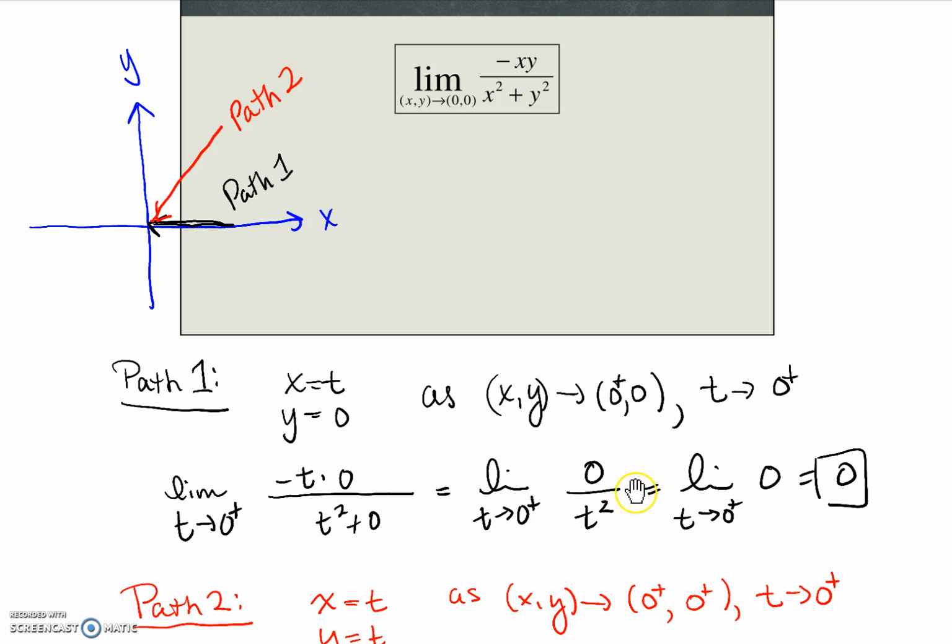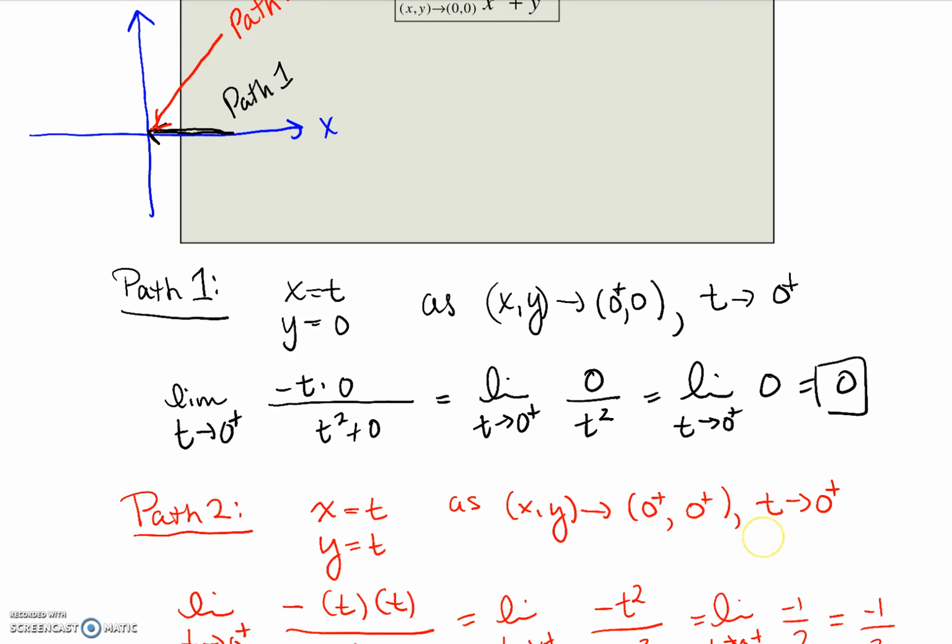But as I simplify 0 over t squared, as t approaches 0, I don't have an indeterminate form. I can actually simplify that, and I do get 0. And so the limit as t approaches 0 of 0 is equal to 0. Okay? So that's fairly straightforward.